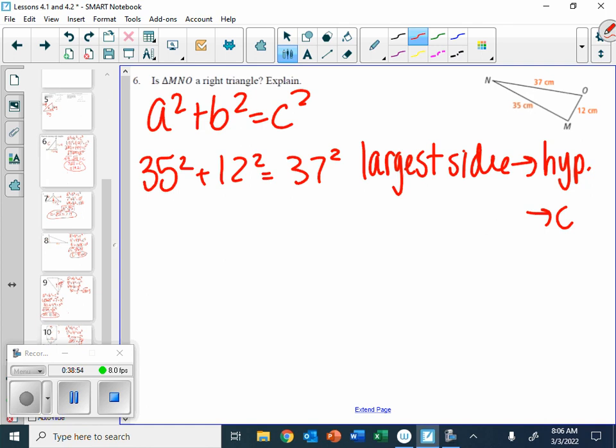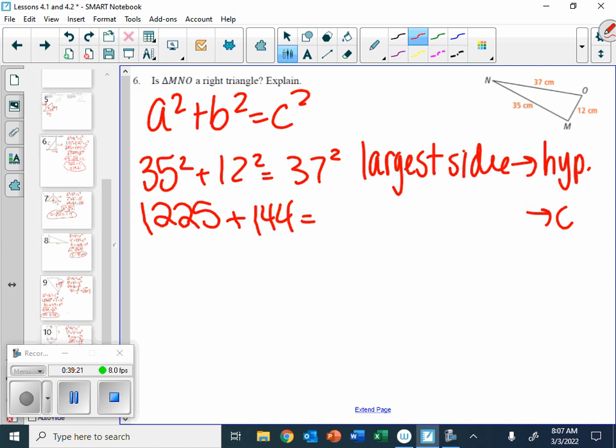So you need to ask yourself, does 35 squared plus 12 squared equal 37 squared? If it does, it's a right triangle. If it doesn't, it's not a right triangle. So what is 35 squared? Good, 1225. And we know that 12 squared is 144.